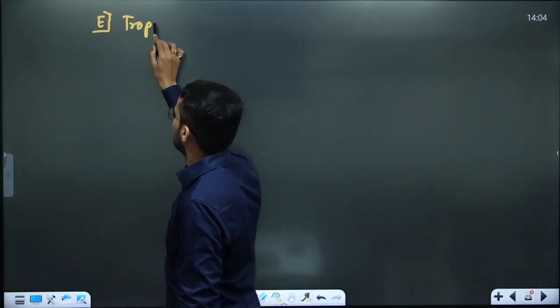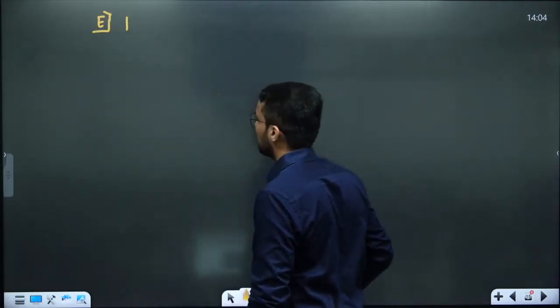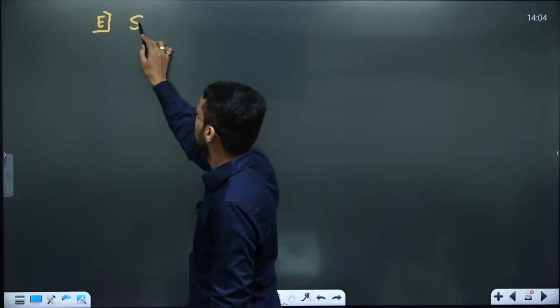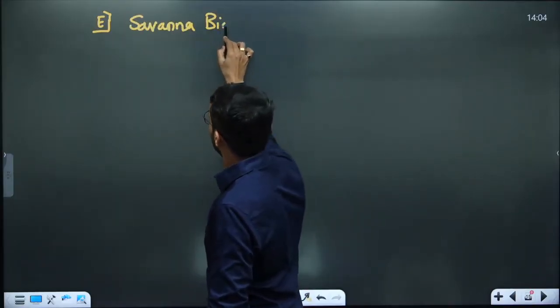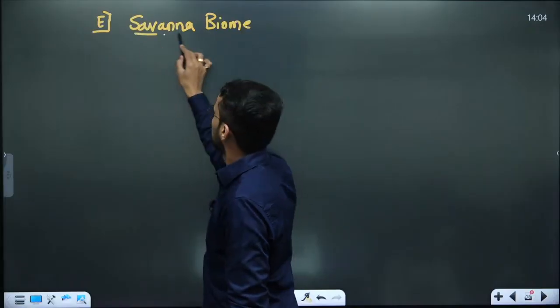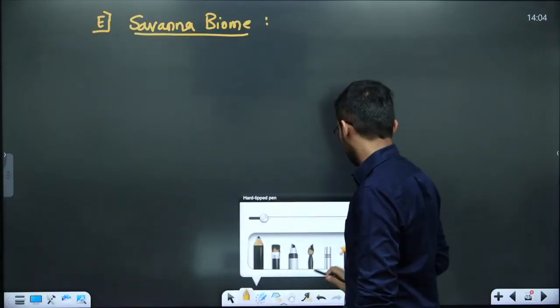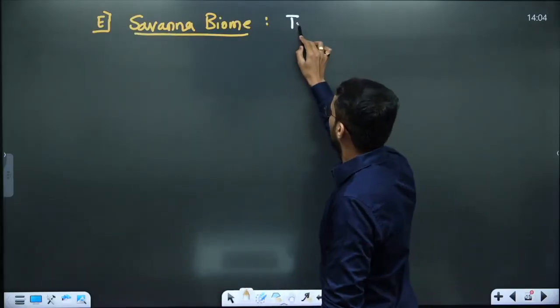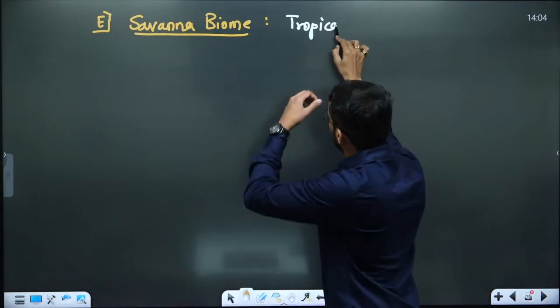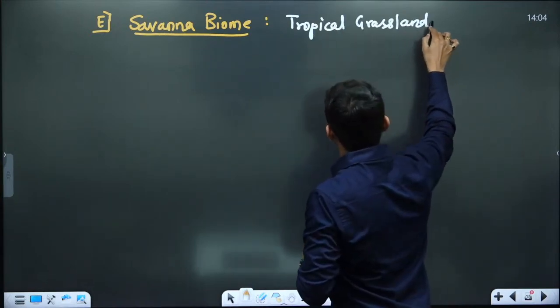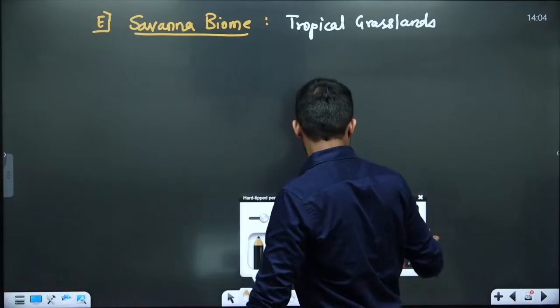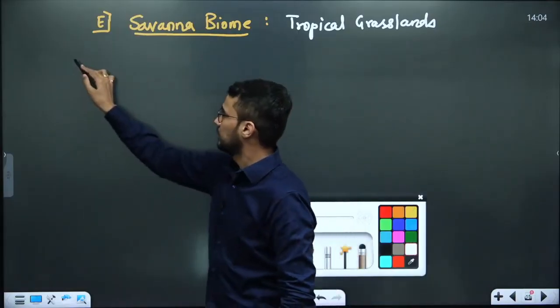tropical grasslands or savanna. Savanna, you can write savanna biome, and these savanna biomes are referred to as tropical grasslands.